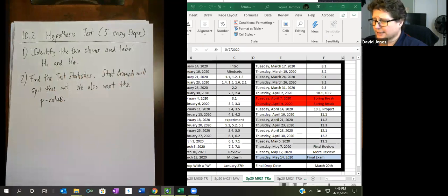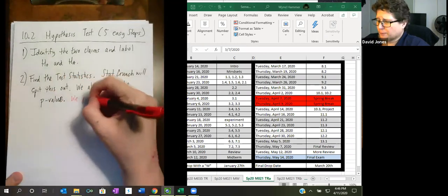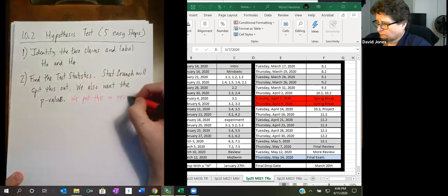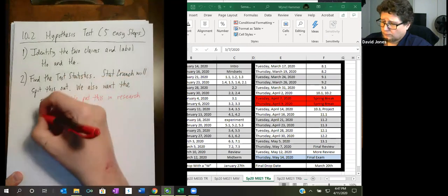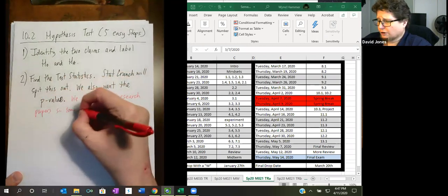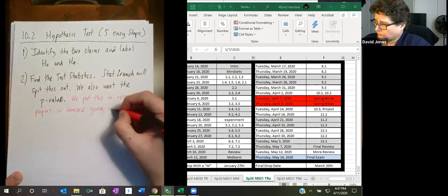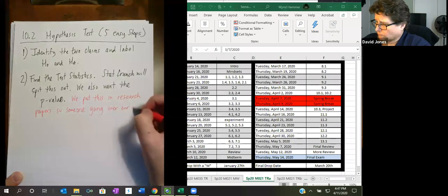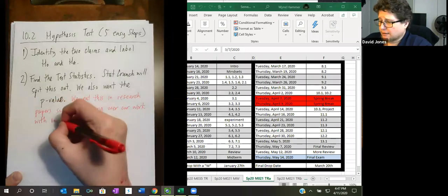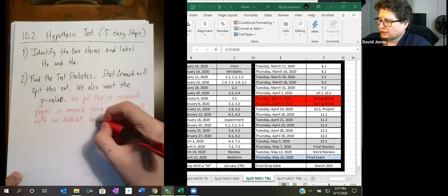Why do we want this? We put this in research papers, so someone that goes over our work with our data set can reconstruct our results.